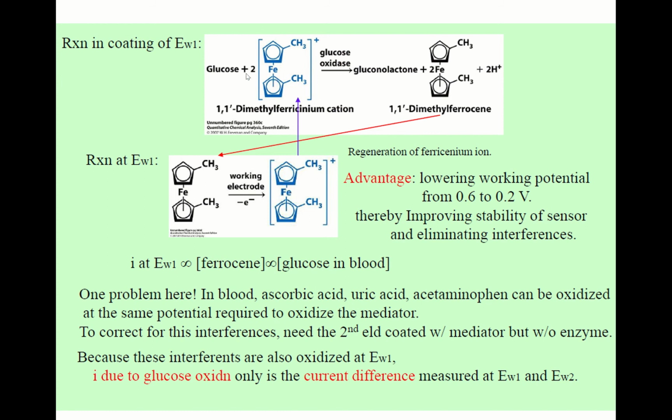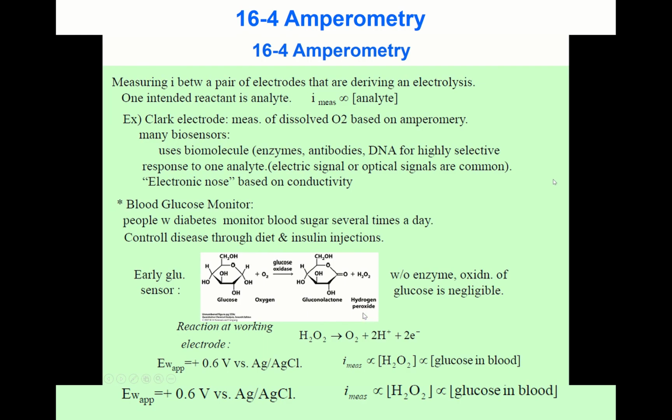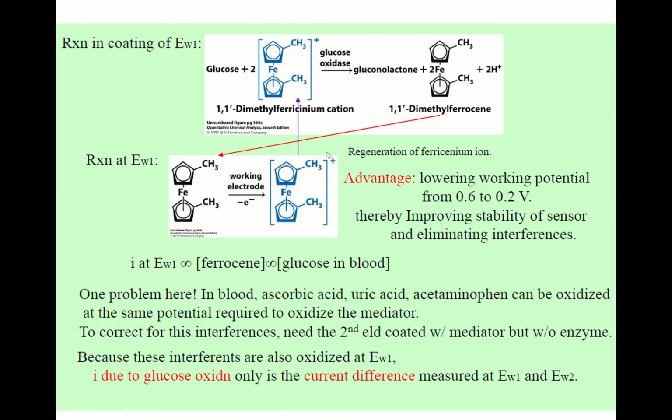As you see here, this glucose is oxidized to gluconolactone, and two electrons are produced, and those electrons are carried by this ferrocenium ion. This is a 1,1'-dimethyl ferrocenium cation. Now electrons are going to this ferrocenium ion, and it is reduced.